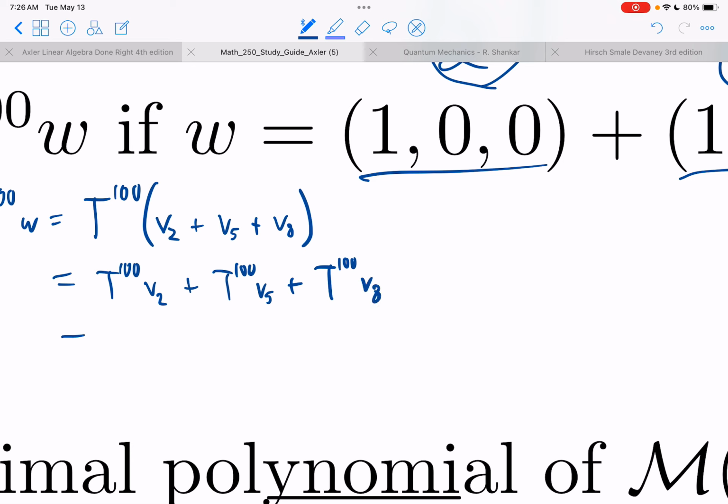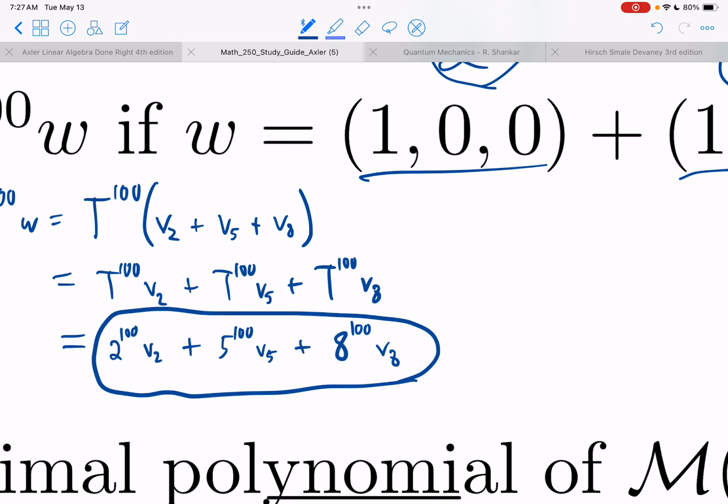We can do this really quickly. This is going to be 2 to the 100 times v2, because each time we apply t, the eigenvalue 2 pops out. For v5, each time we apply t, the eigenvalue 5 pops out. And here the eigenvalue 8 pops out. And so that's the answer.